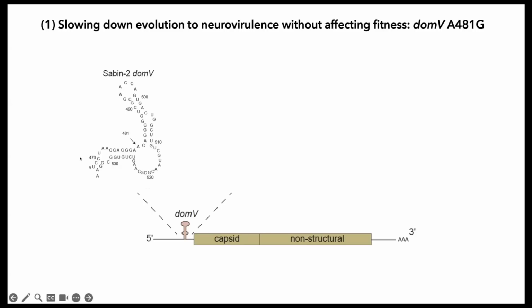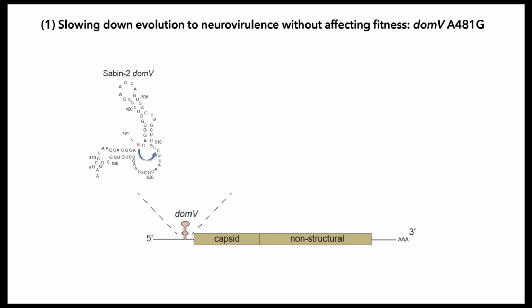And one of the elements is shown here in a 2-dimensional representation. Really, we don't know the exact structure of this element, but what is clear is that position 481 here is an A, and the A is mutated to a G.